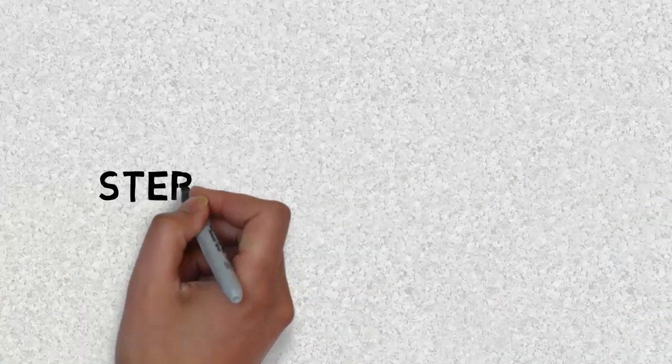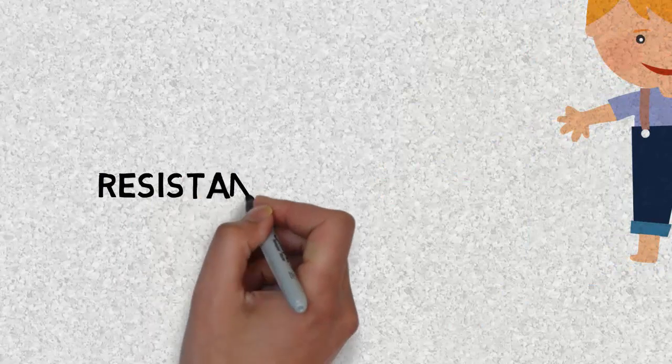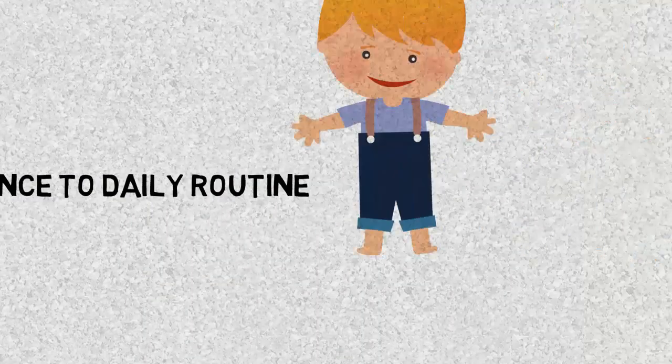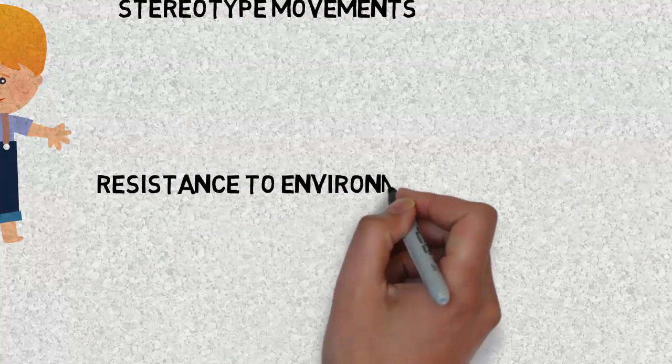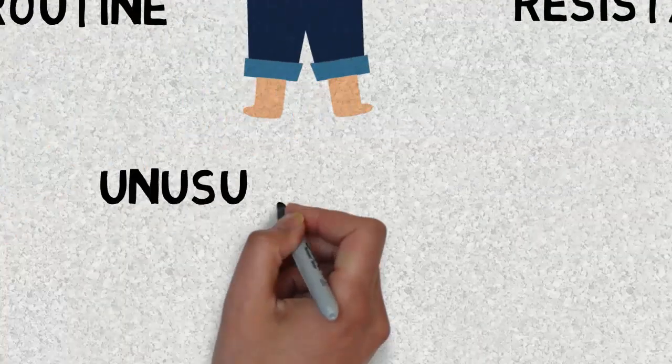It also might include stereotyped movements shown by such a child, and they are always resistive to daily routine change, and very resistive to changes in their surroundings. They also show unusual responses to normal stimuli.